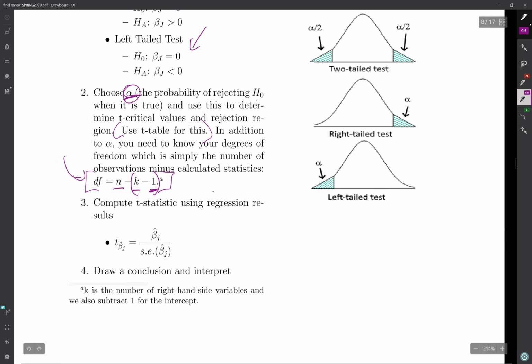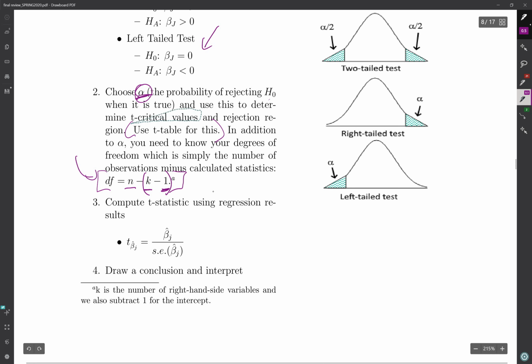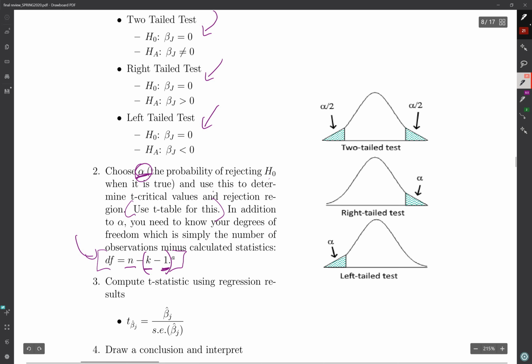We find our t critical value using that, and we use it to find our rejection region. For a two-tailed test, we use both the positive and the negative of that value, and the area under the curve is going to be alpha over 2 on this side and alpha over 2 on this side. So this is our t critical value, and this is our negative t critical value.